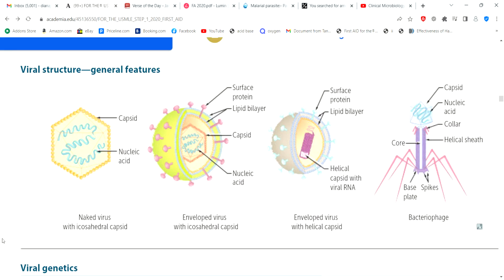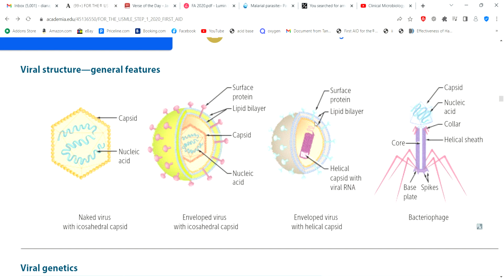So this is the structure of a virus. Capsid is on the outer layer, nucleic acid is on the inside, and this one is a naked virus, and this is an enveloped virus. Enveloped viruses have a surface protein, which are these little projections. That means it's enveloped, an enveloped virus with a helical capsid.